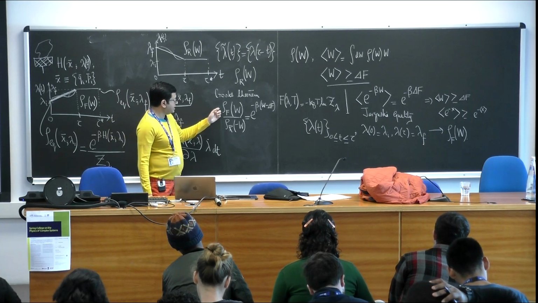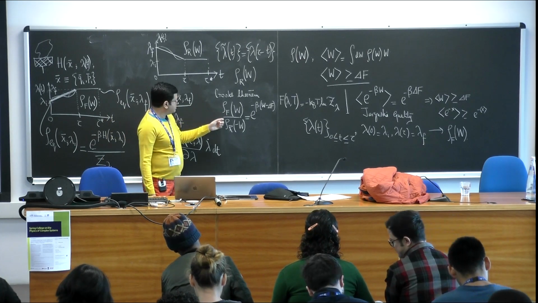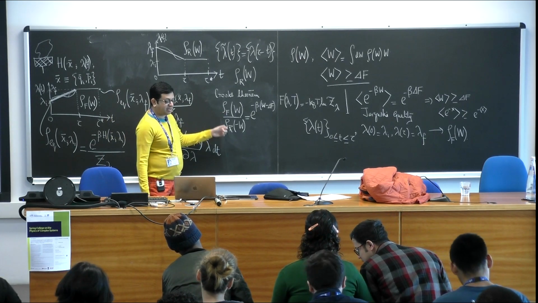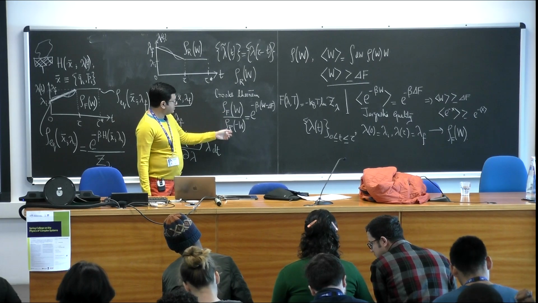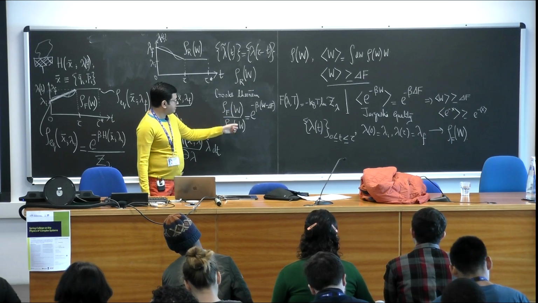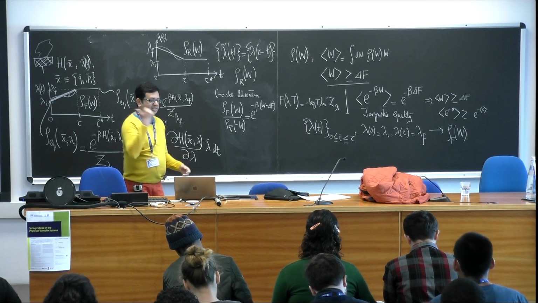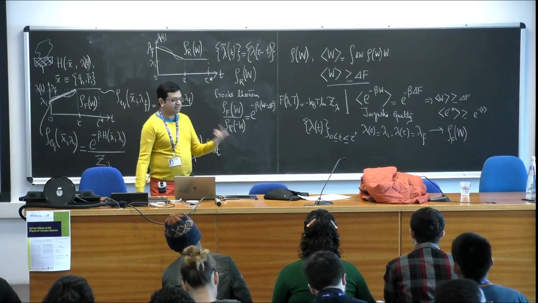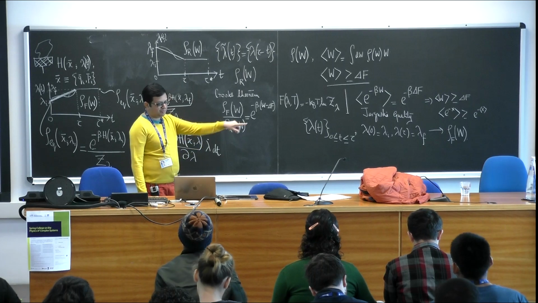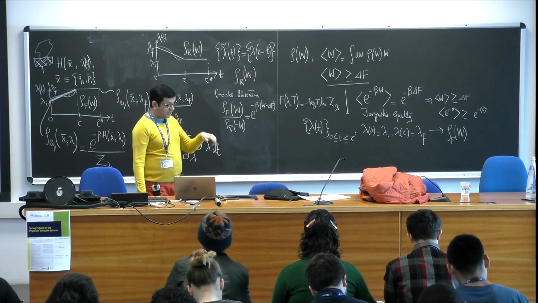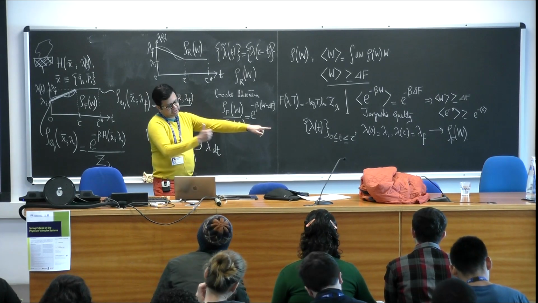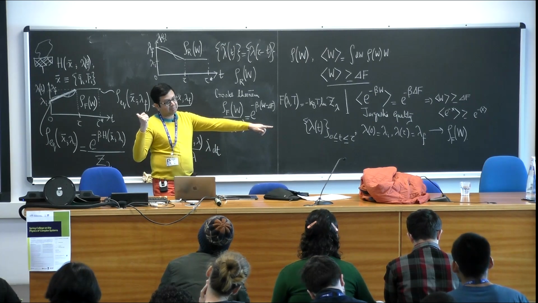What you do is that you take the forward distribution, you take the reverse distribution, take the ratio, but then you have to take W and minus W. The reason is that W automatically changes sign when you are going in the reverse direction, because work is done on the system in the forward direction, and backward it will be work done by the system.